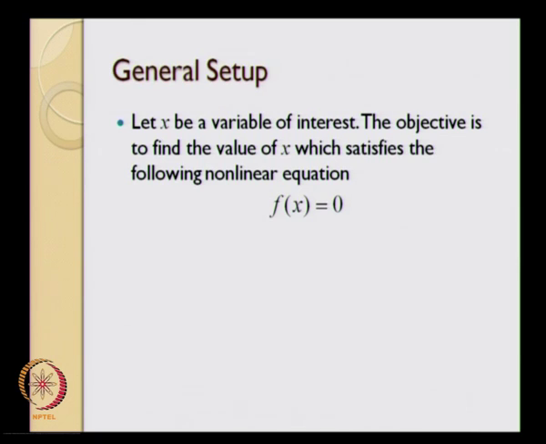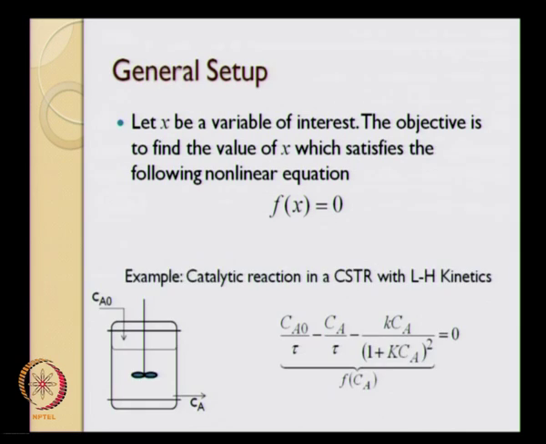But as of now, all we need is, given a particular x, a method to give us the function f of x, and as long as we have that, we do not care whether it comes from an expression of the type 2 minus x plus ln x or through any other means. So that is the general setup, and we are interested in finding the point of intersection of the curve f against the x axis.